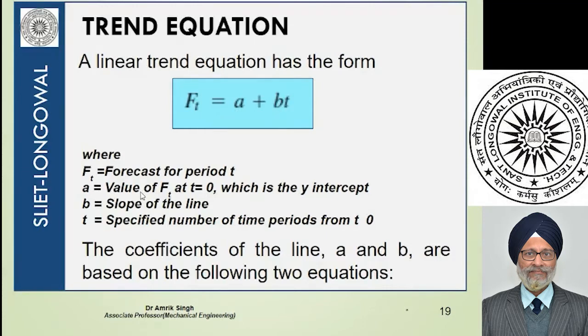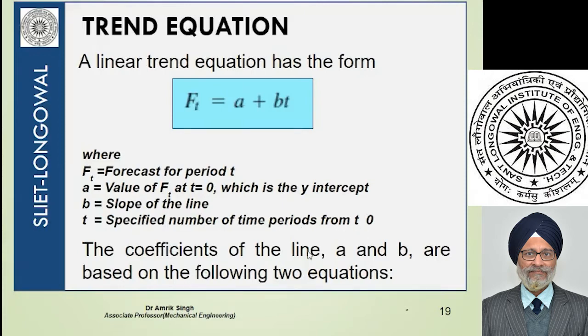So a is the value of Ft at t equal to 0, which is the y-intercept, and b is the slope. This you all know, y is equal to mx plus c. And t is the specified number of time periods from t equal to 0.